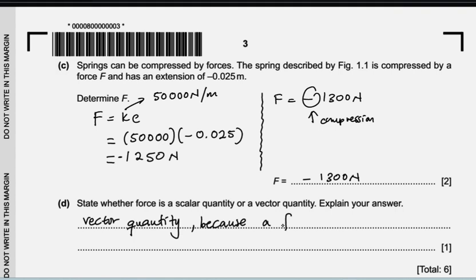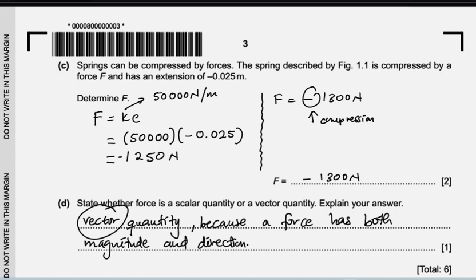Because a force has both magnitude and direction. Any quantity that has magnitude and direction, we call it a vector quantity. So a force is a vector quantity.